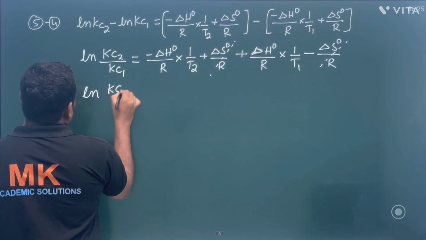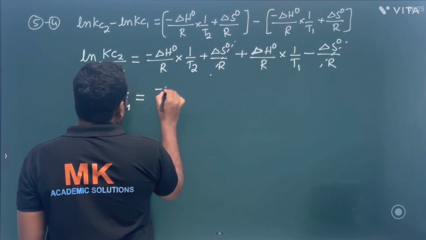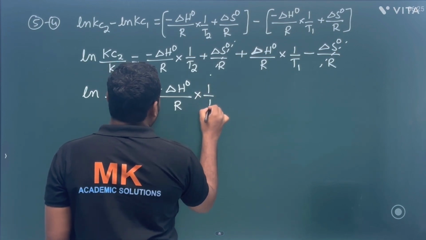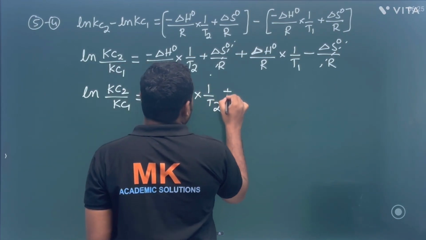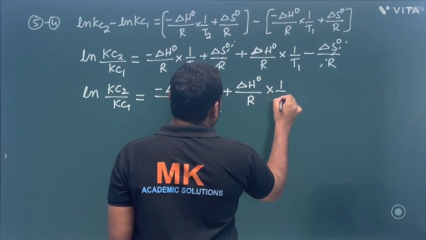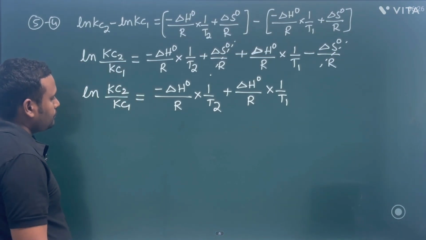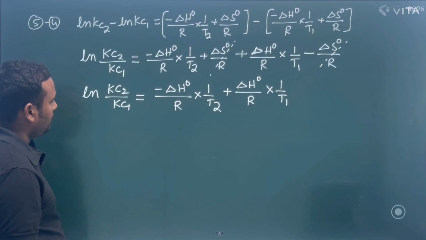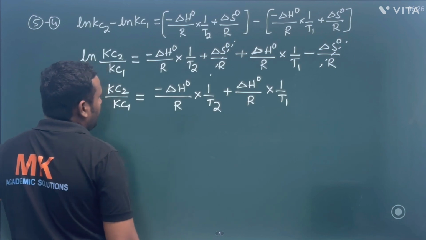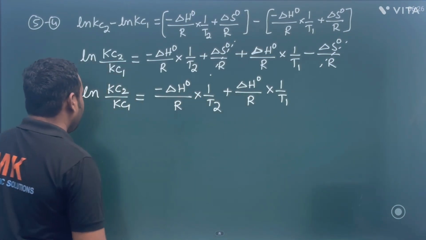ln Kc2 by Kc1 is equal to minus delta H naught by R into 1 by T2 plus delta H naught by R into 1 by T1. Now take delta H naught by R common.